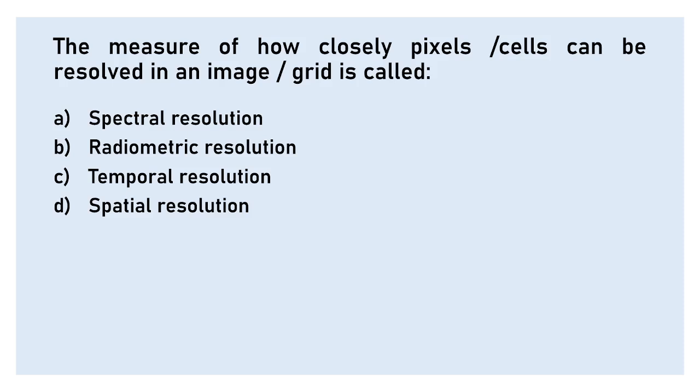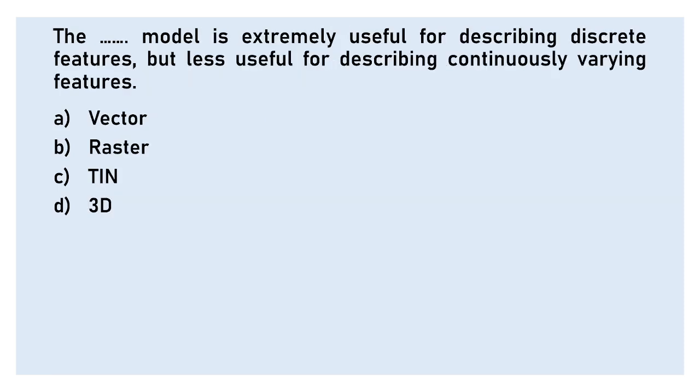The measure of how closely pixels or cells can be resolved in an image or grid is called. This also we have discussed. Yeah, right. The answer is spatial resolution. The dash model is extremely useful for describing discrete features but less useful for describing continuously varying features.